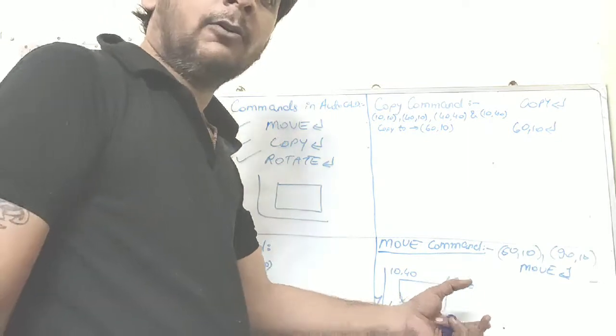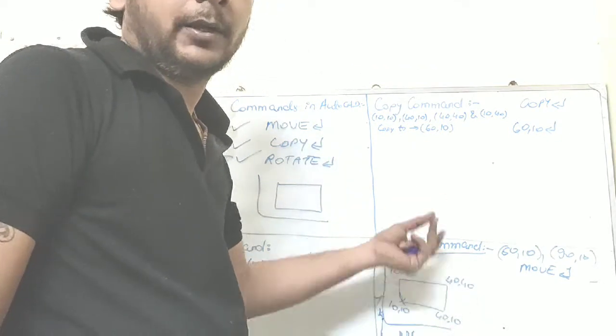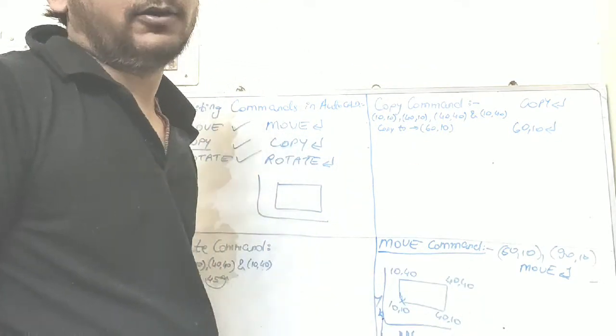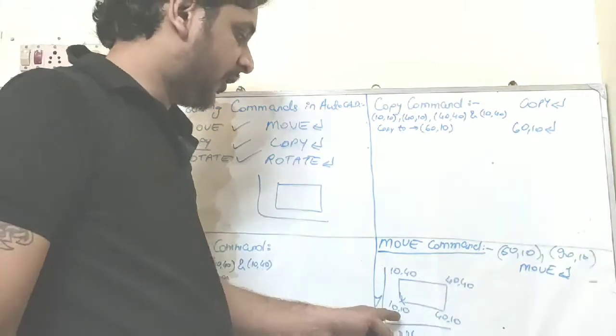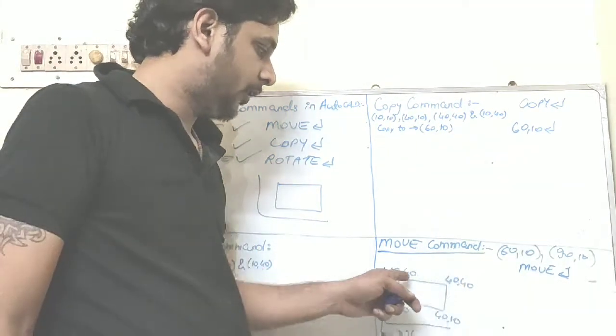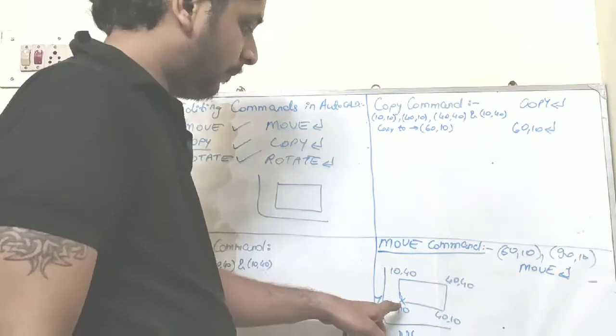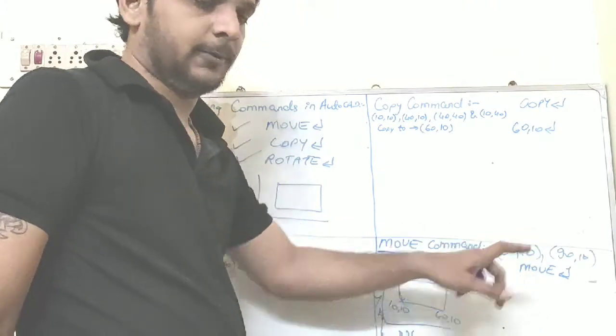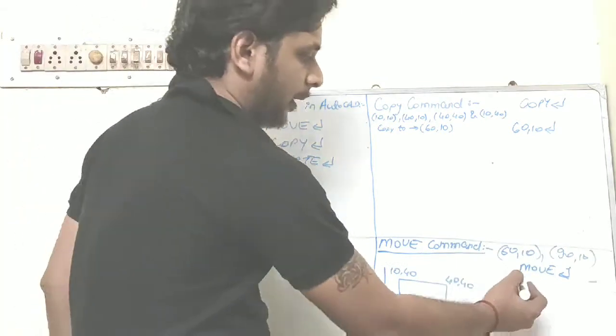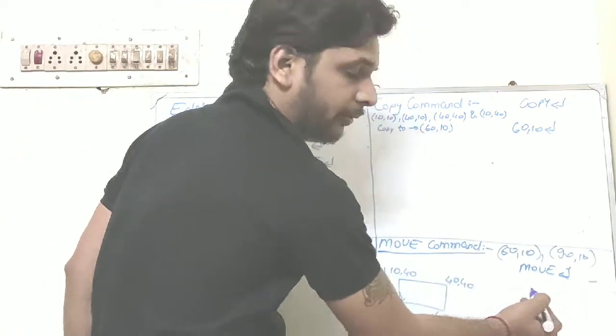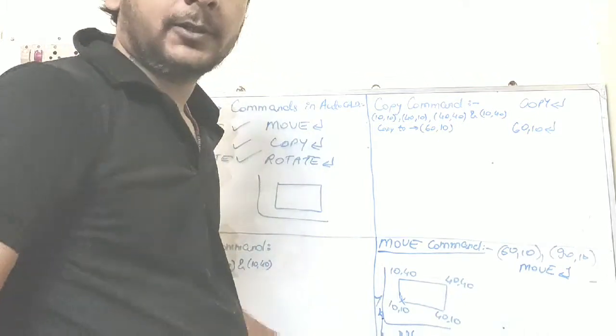In this problem, we have already constructed a rectangle by using either p-line command or rectangle command with coordinates 10, 10, 40, 10, 40, 40 and 10, 40. Now we have to move this rectangle from base point 10, 10 to base point 60, 10. So at the command prompt type move and press enter key, the computer will ask you to specify the object to move.